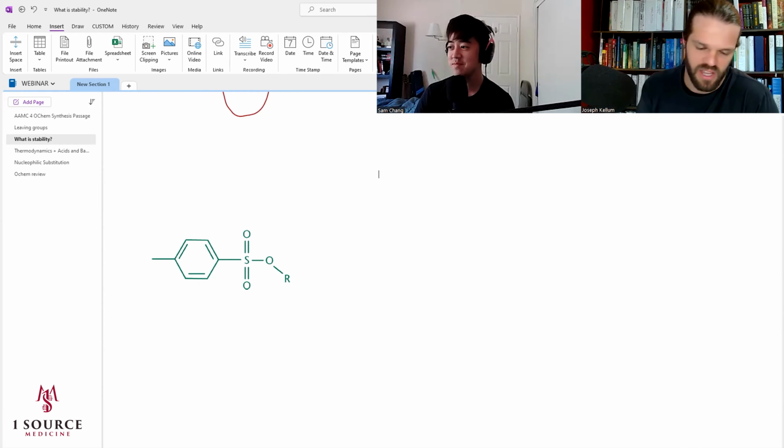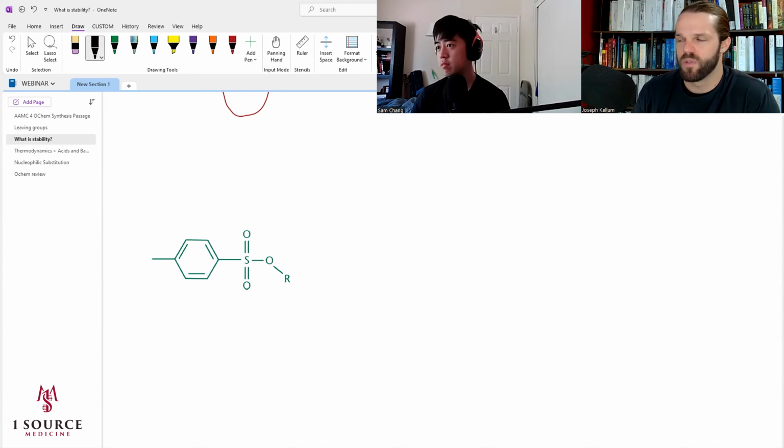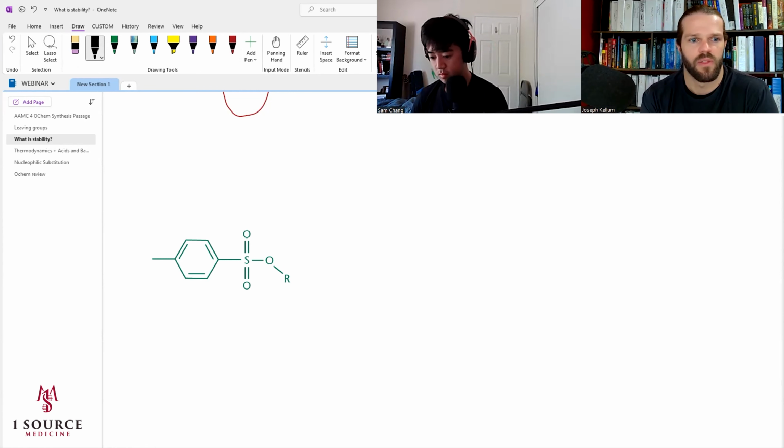Anyway, so this molecule right here is once you have put a tosylate on an alcohol. Alcohol OH is just not a great leaving group, right? We talked about it being a strong base a second ago. Because it's not a good leaving group, if you want to do a reaction where you're displacing it, getting rid of it and putting something else in, like an SN2 reaction or an SN1 reaction, even with a primary alcohol or a secondary alcohol, where you want to get rid of the OH and put something else on there.